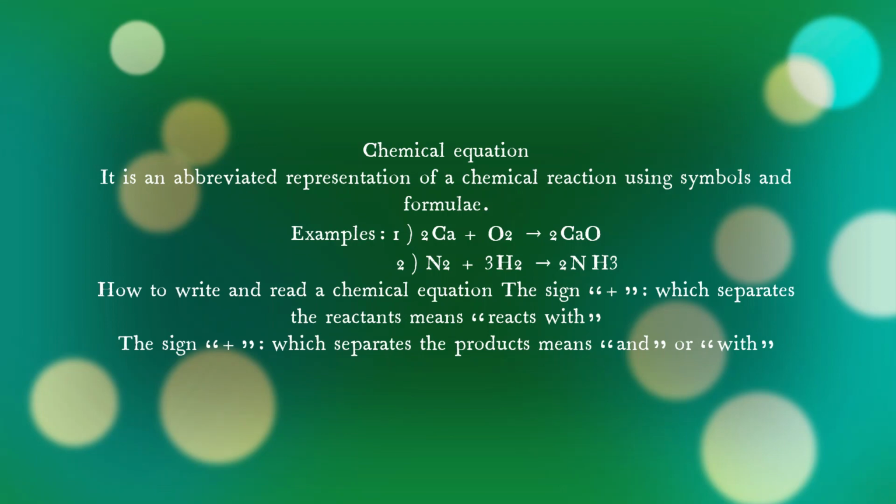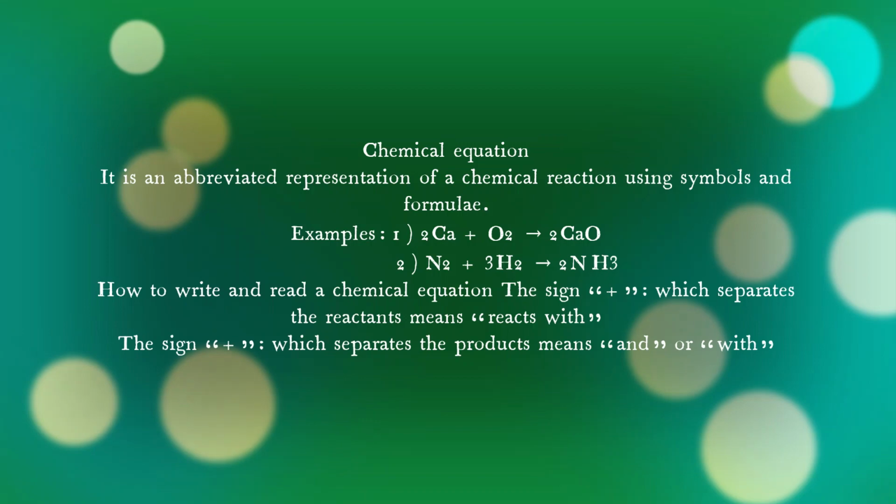If those numbers are such that the number of atoms or molecules in the reactants and in the products is equal, the equation is called a balanced chemical equation. So from here, let's put special importance on the method of balancing a chemical equation. Why do we need to balance a chemical equation?